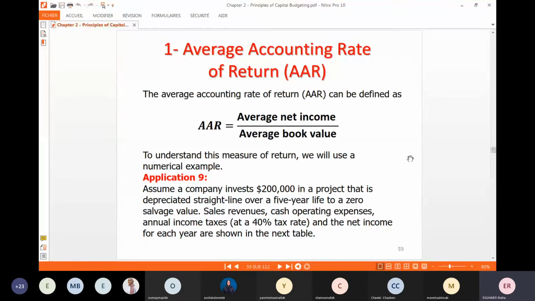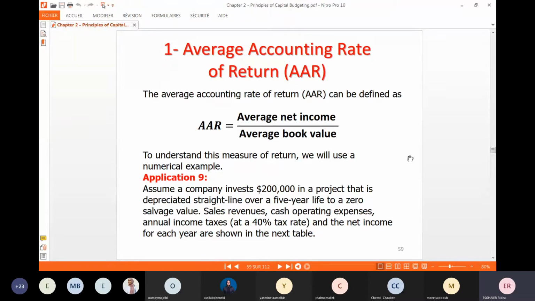Be careful here in the application of this average accounting rate of return. Different analysts use different ratios. Some analysts use the average net income in the numerator, but in the denominator, they use the initial investment only.